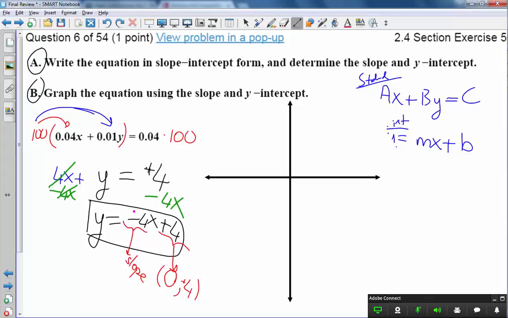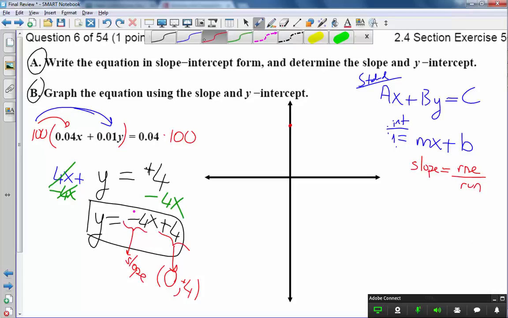Alright, let's explain again. 4, 0 here. Down 4 and right. Slope means rise over run. When I rise, it does not always rise, it can be a decline as well. Decline over run if it's negative.